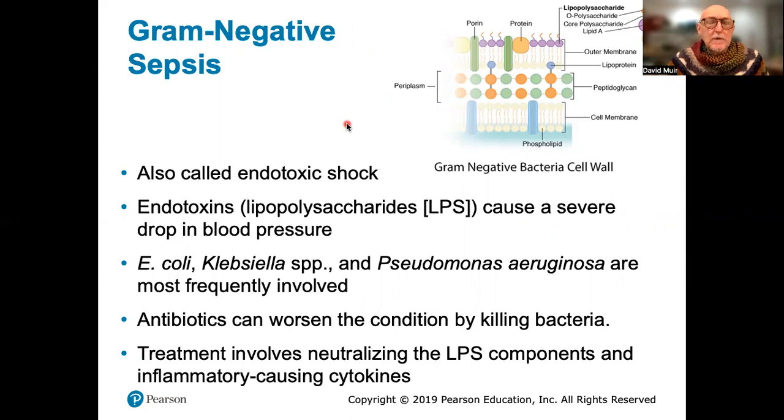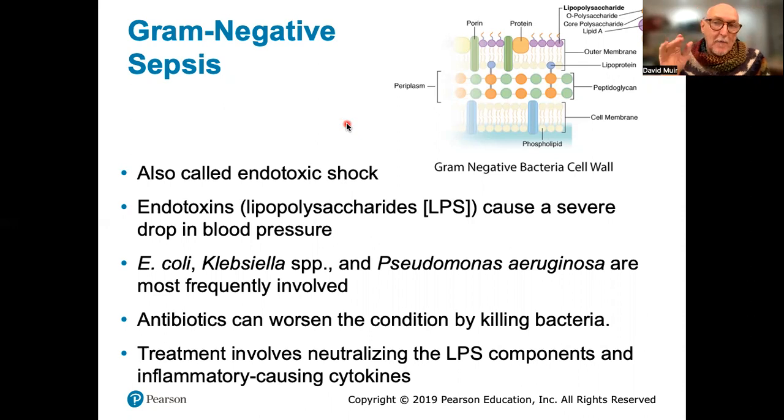One of the most important sources of the sepsis is gram-negative bacteria. Remember, the gram-negatives have an outer membrane, which the gram-positives do not.